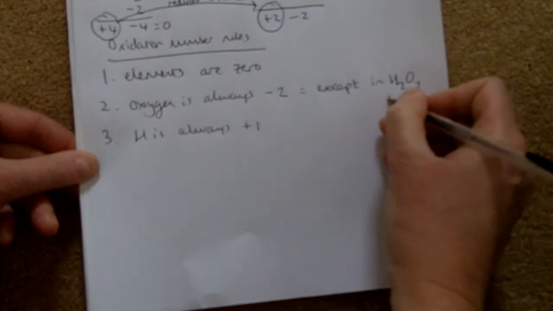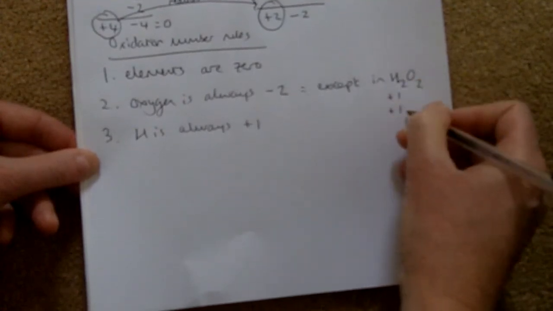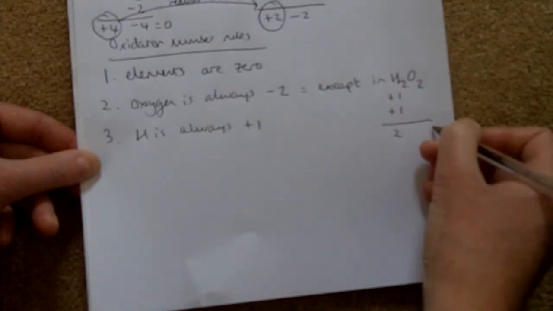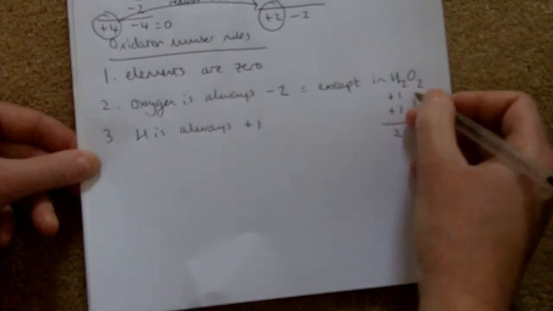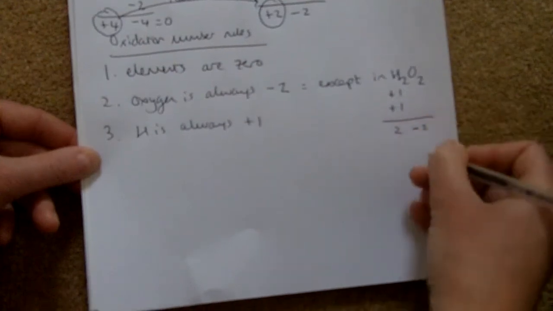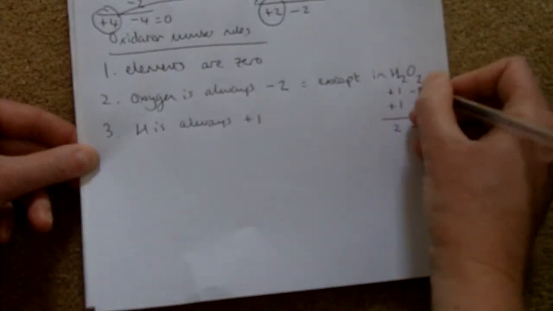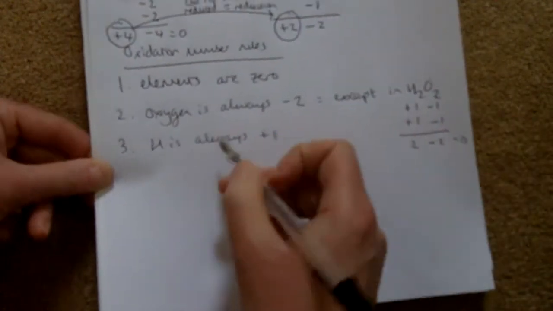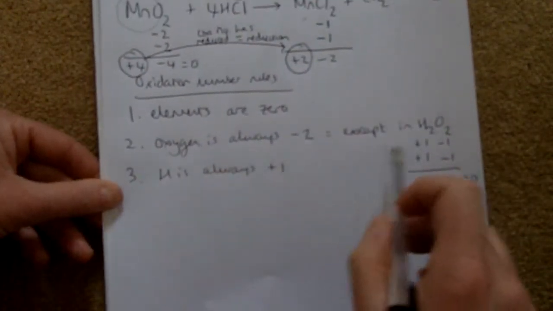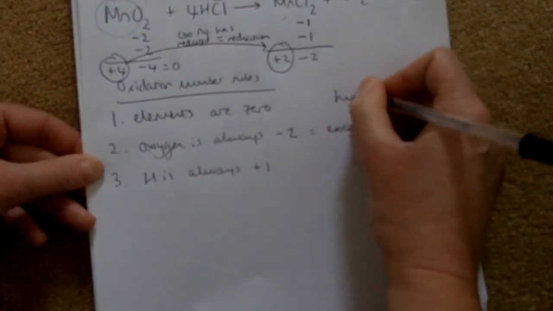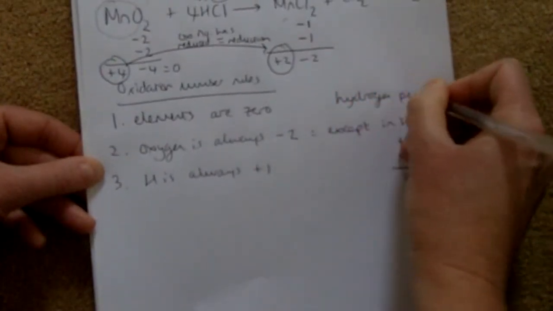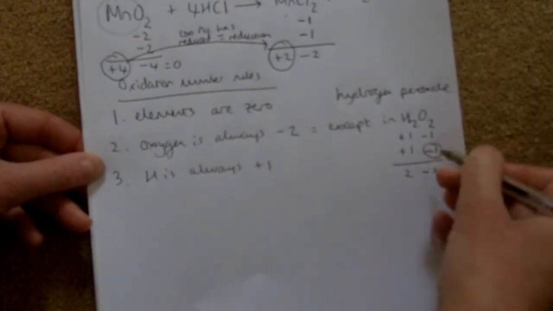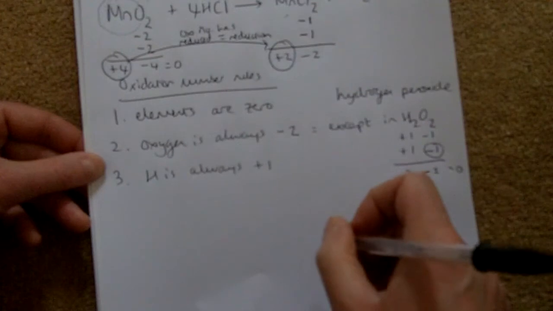So if H is +1, and there's 2 of them, and it has to add up to 0 because there's no charge, then each oxygen has to be -1, because then it will add up to 0. So oxygen is always -2, except in hydrogen peroxide, when it takes the value -1 instead. Okay, so that's an exception.